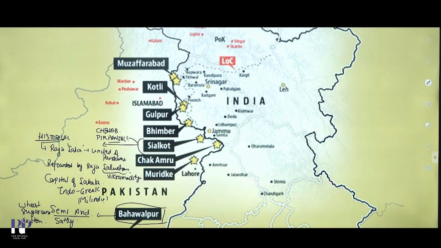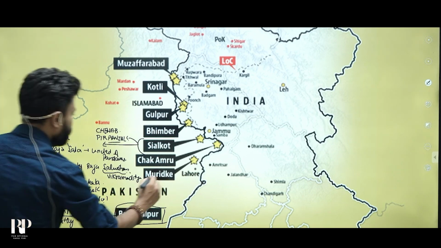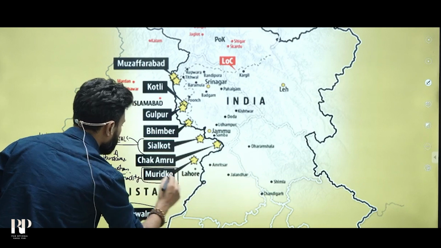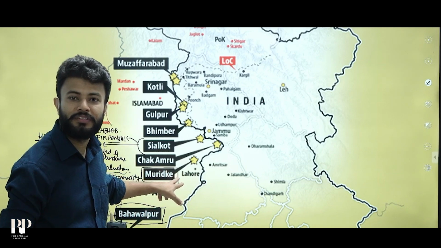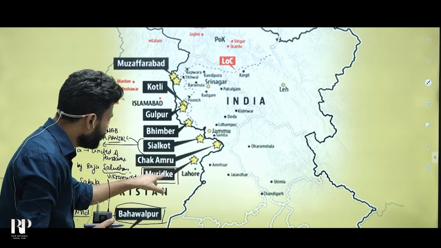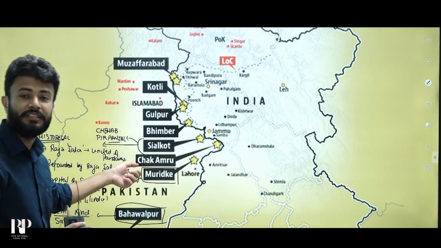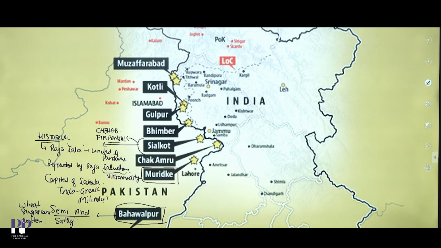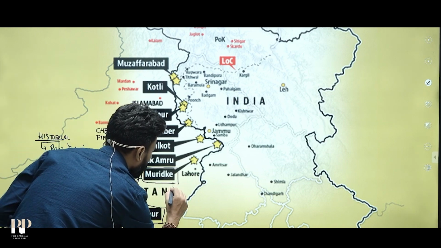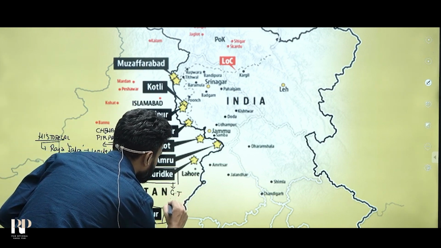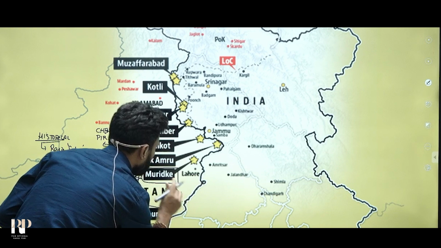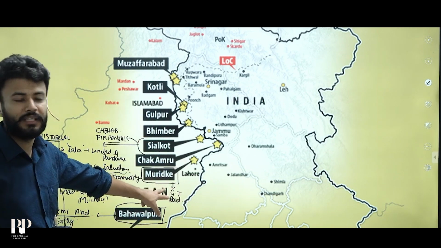Okay, so one important city is Sialkot, second is Bahawalpur, and the third city which is important is Muridke. Now this town is important because of its strategic location, because it is lying in close proximity to Lahore, and that is why this city is very strategic. Muridke is basically a low-lying landscape, and it is also connected with the Grand Trunk Road.